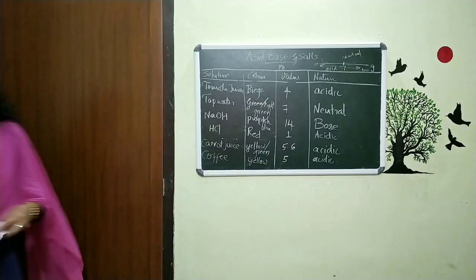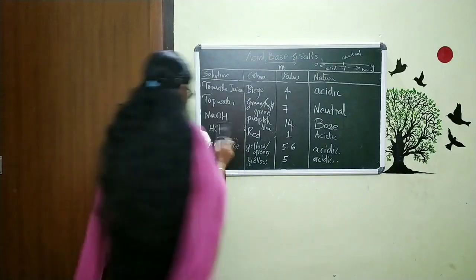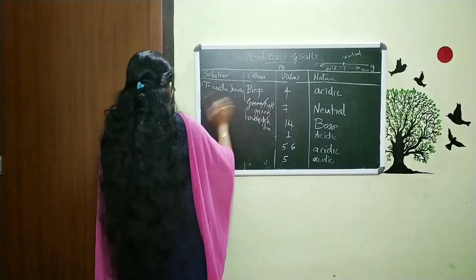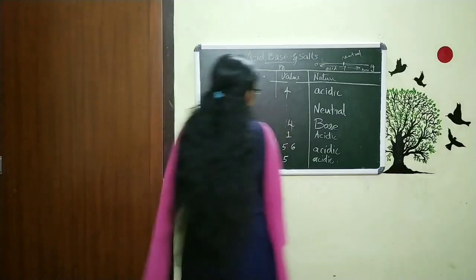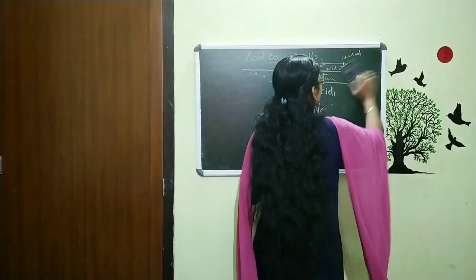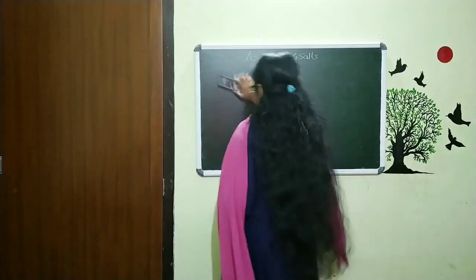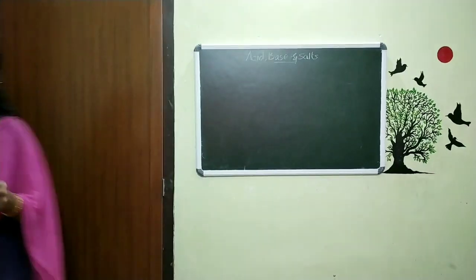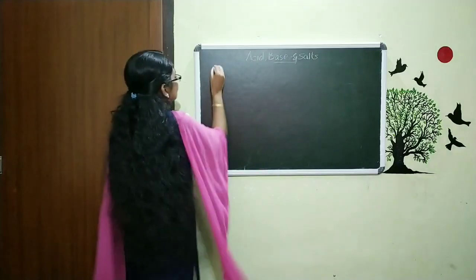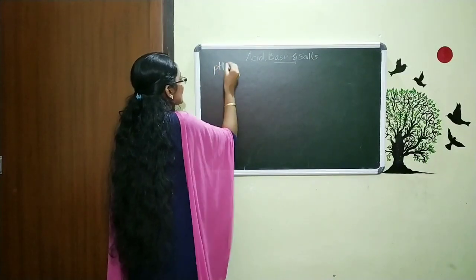Now we are moving to the next thing, that is the importance of pH in everyday life. Very simple topic. Actually, no need of explanation, you just want to read it. Still I will explain it.